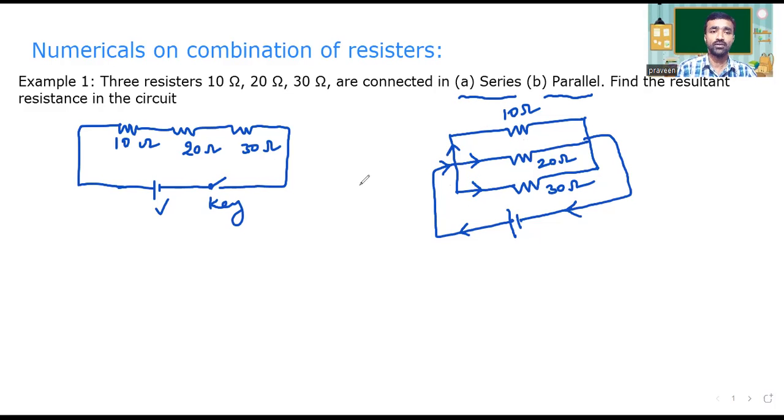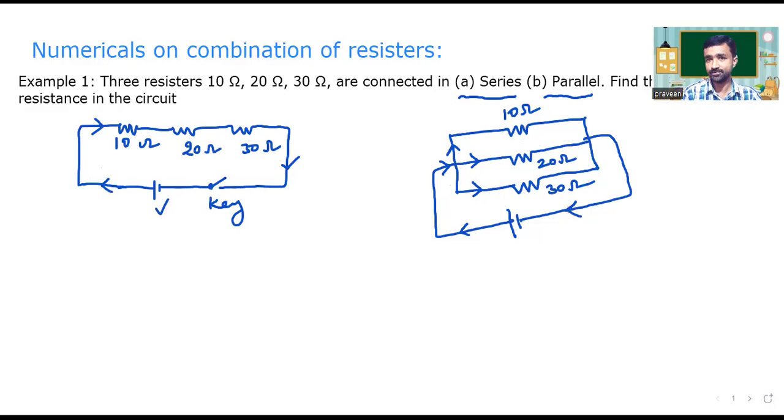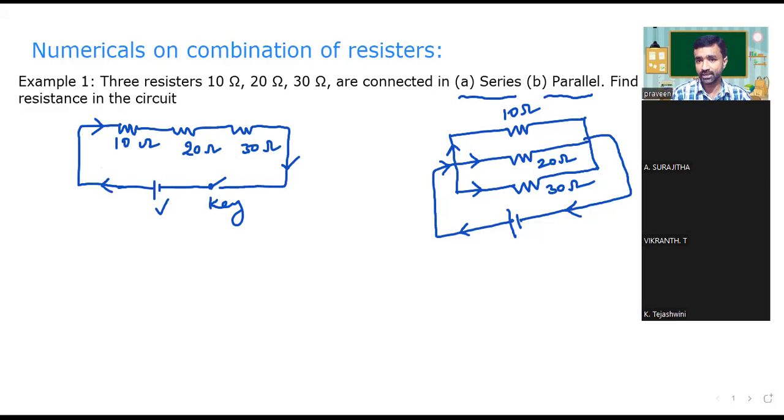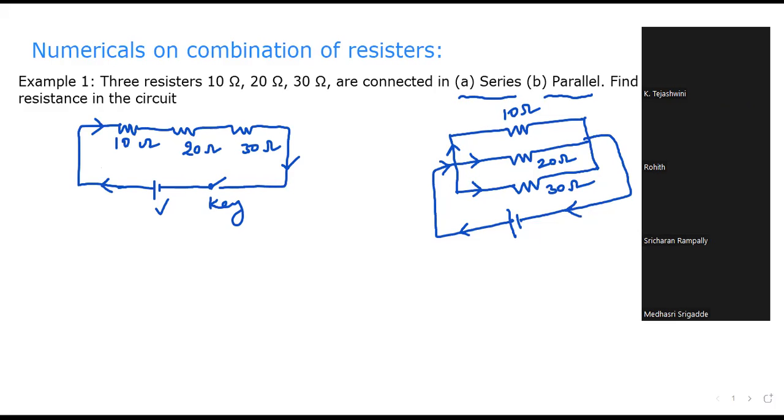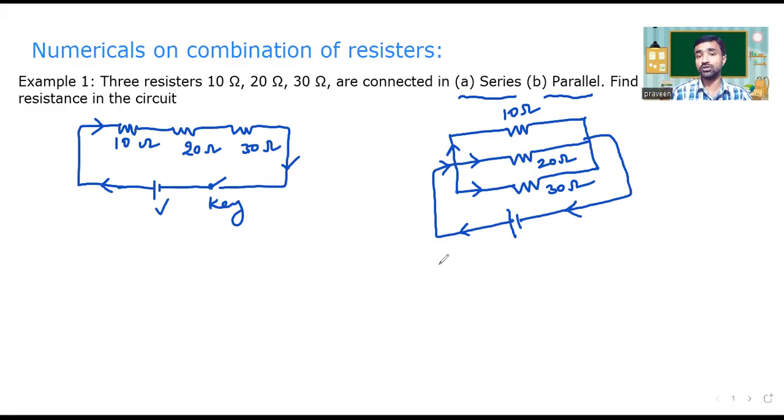The current direction is the same through any resistor, from positive to negative terminal. Have you got a clear idea about these circuit diagrams? Yes. Right.